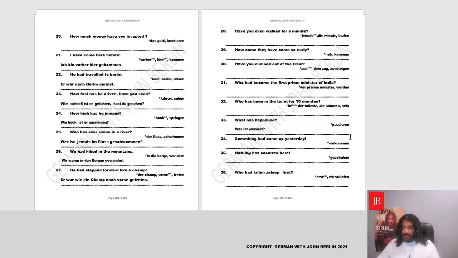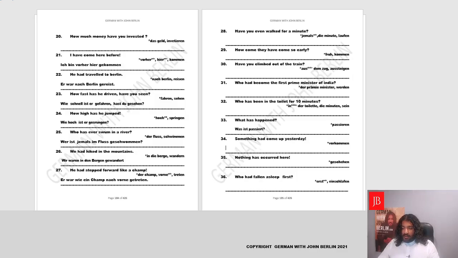Remember? Question. Something had come up yesterday. Okay. So basically, again, the verb to come up is something happening, change in state. The helping verb would be sein, and in the past tense it'll be waren. So we'll say etwas, and then we'll conjugate waren for ich war, du warst, sie, es war.